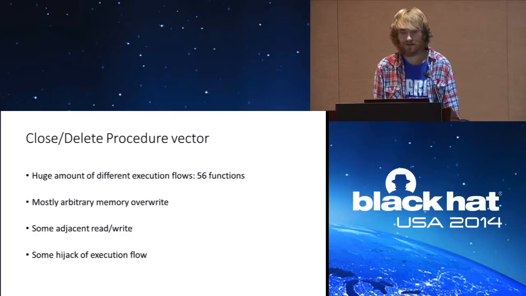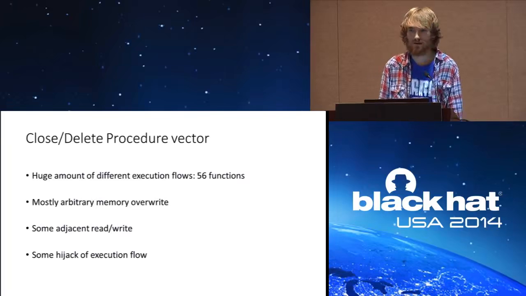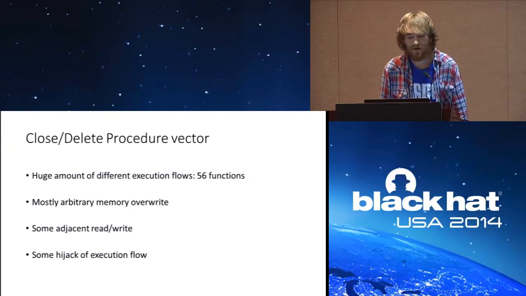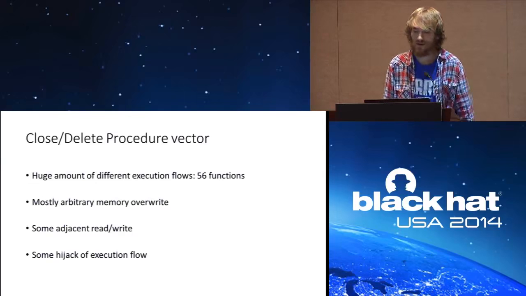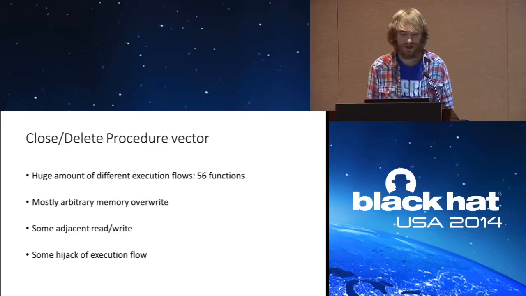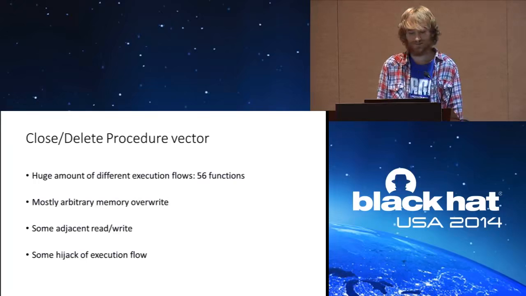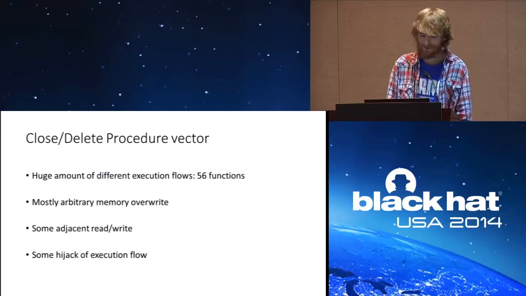Talking about other procedures, for example, when you call close handle, the object manager calls close and delete procedures. There are a lot of ways, because almost every object type has a specific close and delete procedure. So there are 56 functions, so 56 execution flows, mostly leading to arbitrary memory overwrite, some to arbitrary read-write, and some to hijack of execution flow.